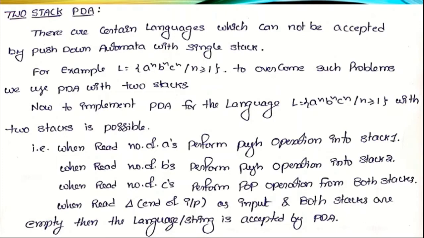Because when we read the A's, we perform the push operation into stack 1. When we read the B's, we perform the push operation into stack 2. And when we read the C's, we perform the pop operation from both stacks. Finally, the stacks will be empty and the current input symbol is the end of the input. Then we can say that the string is accepted by the two-stack PDA.